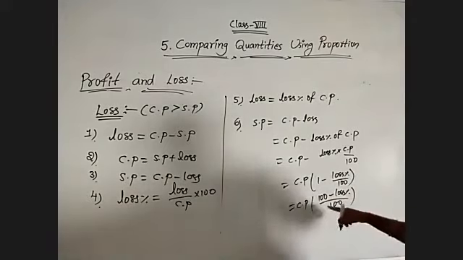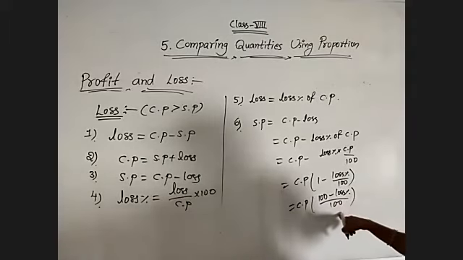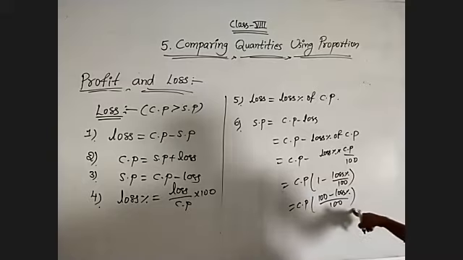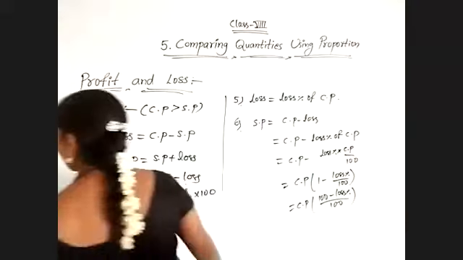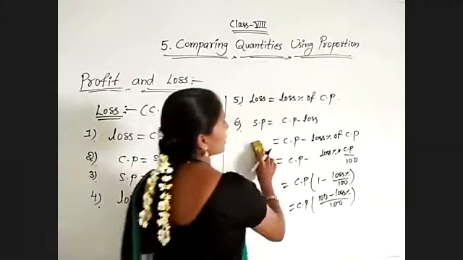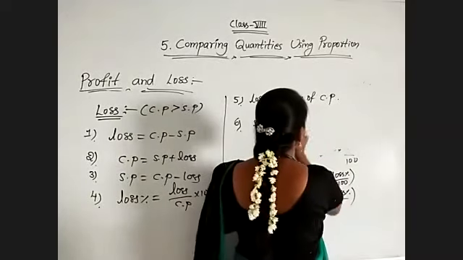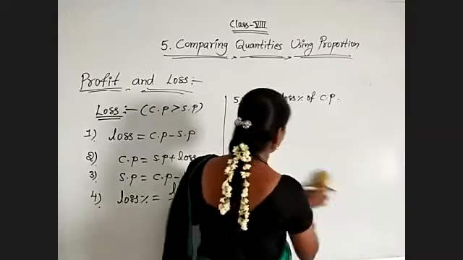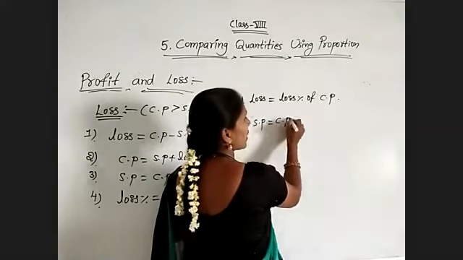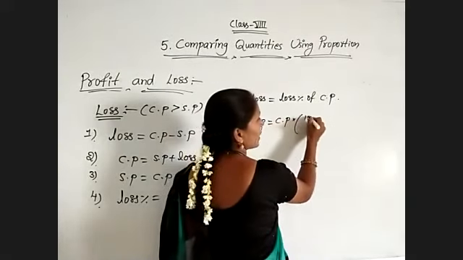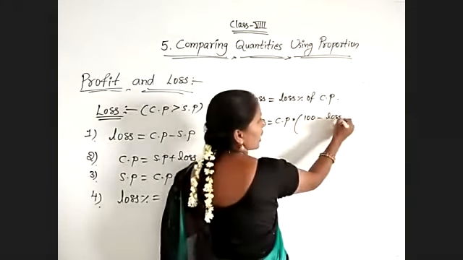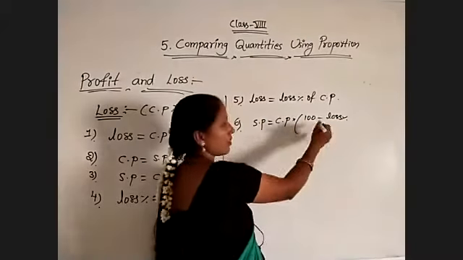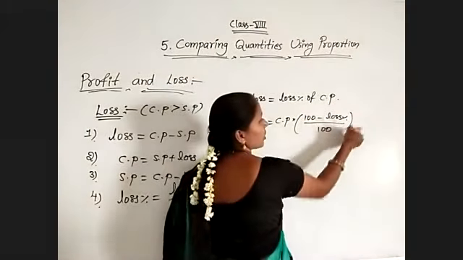In case of profit percent, it is 100 plus profit percentage by 100 into CP. Understand? So this is the final formula: SP is CP into 100 minus loss percent, by 100. If you are having profit, just 100 plus profit percent by 100, that's all.